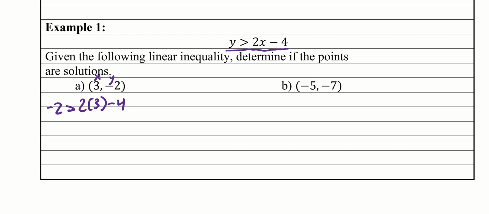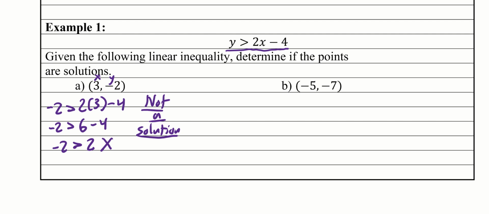Simplifying, 2 times 3 is 6, and 6 minus 4 is 2. So I get -2 is greater than or equal to 2. That is not a true statement, so this individual point is not a solution.